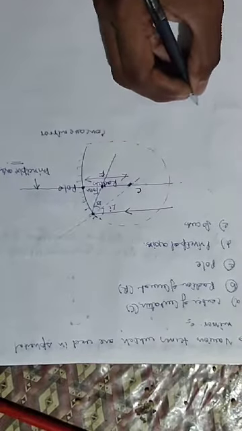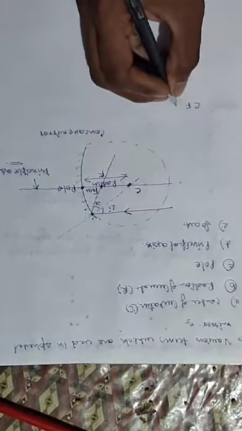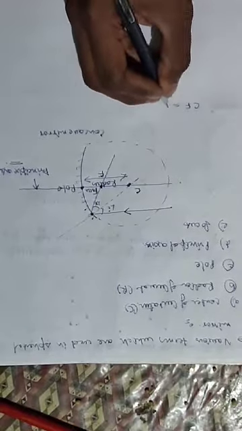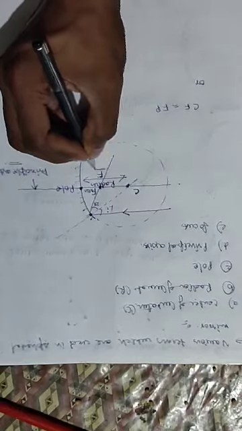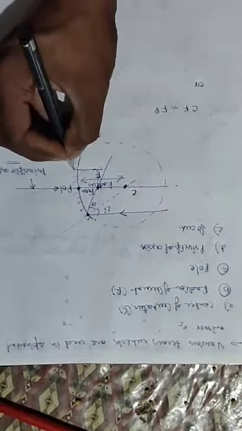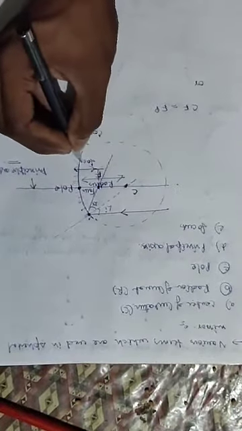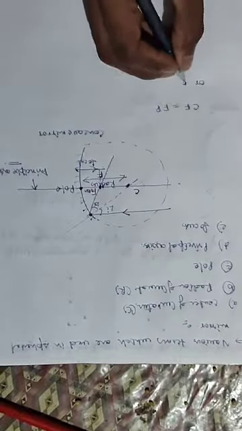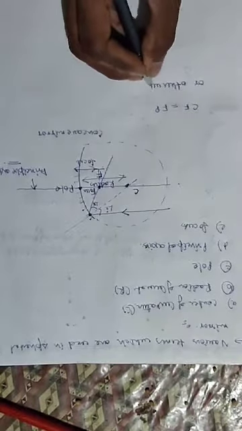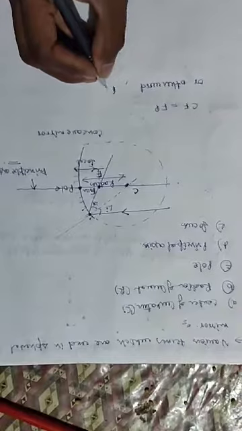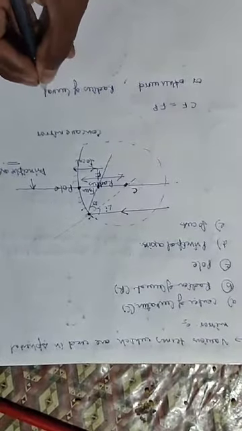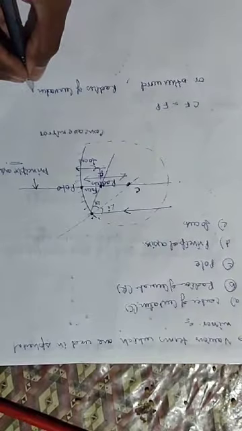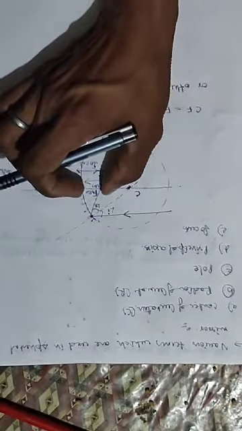So remember one thing, that CF is equal to FP, or in other words, the focal length. This length is called focal length. So we can say that the radius of curvature is always equal to twice the focal length.